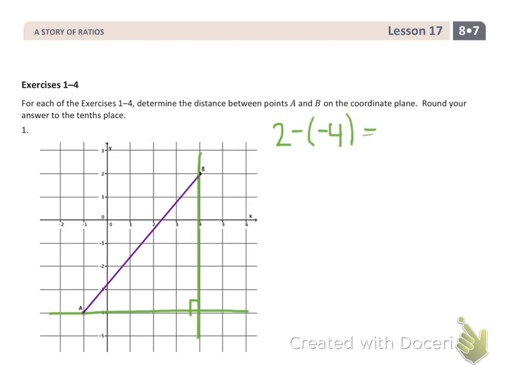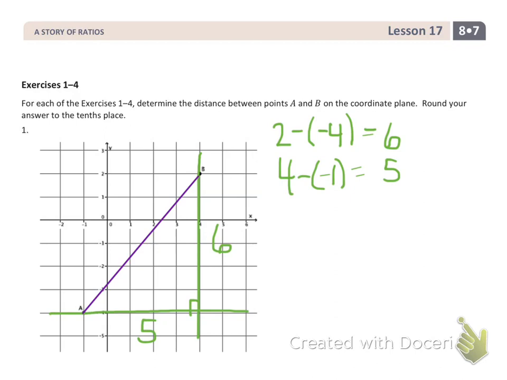That difference is equal to the same as 2 plus a +4, or 6. So this distance here is 6. And then on the horizontal axis, I've got 4 minus -1. 4 minus a -1, which would be 5. Or, once again, I can count spaces if I have the grid in front of me. All right, so there's our legs.